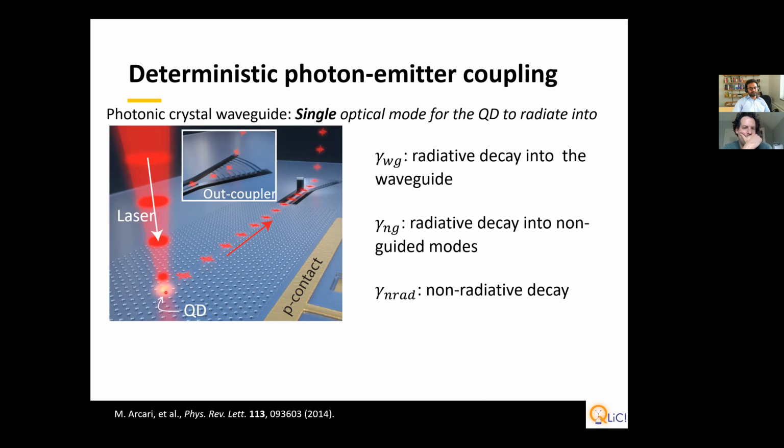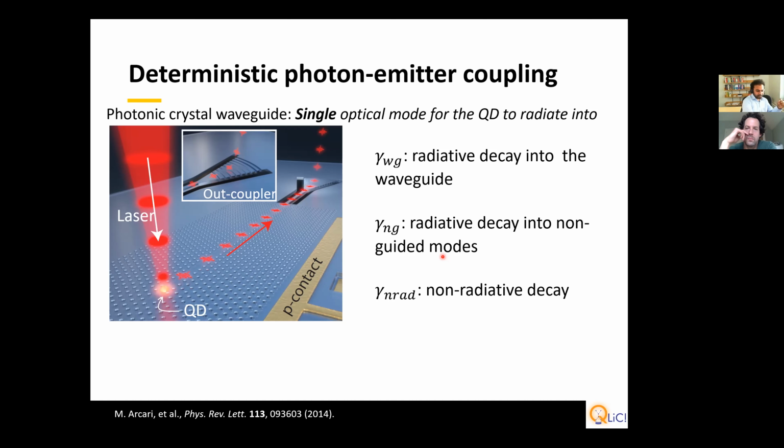Now, because there can always be imperfections, a portion of this could also scatter out of plane. So that's these non-guided modes. And the third thing: quantum dots are never really ideal systems. They also tend to have processes where we created this electron-hole pair, and for some reason this electron decides to jump out of the quantum dot, or it transitions into a dark state.